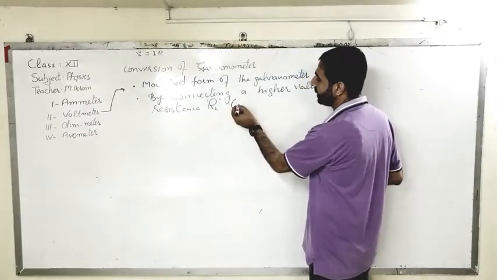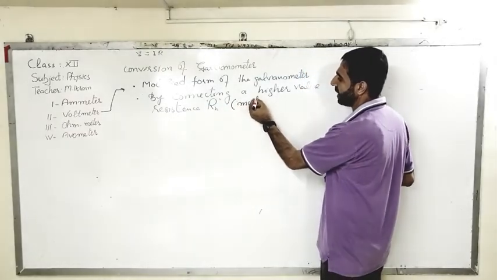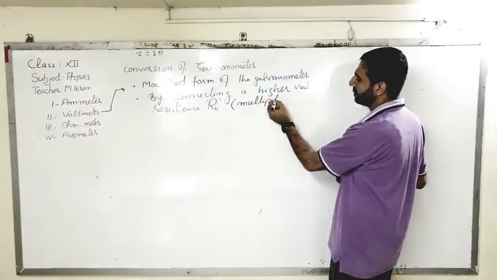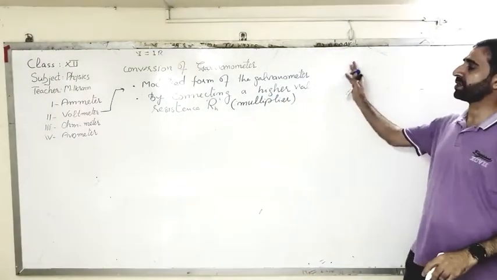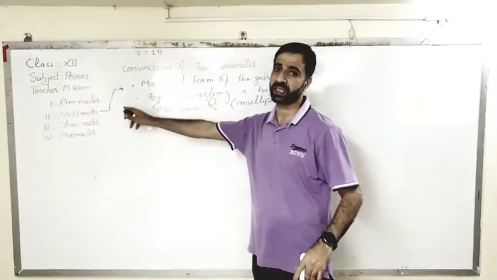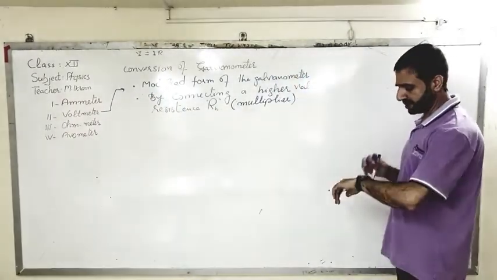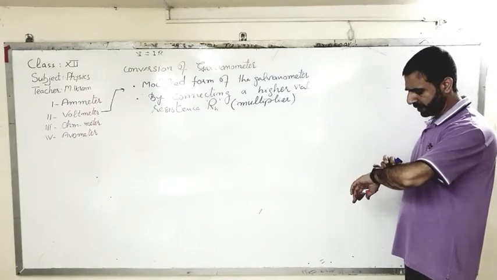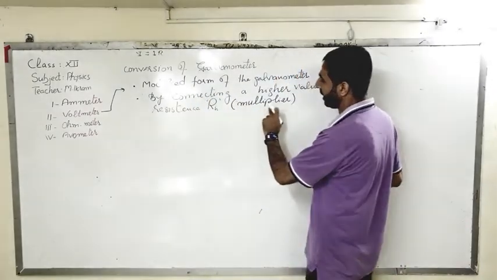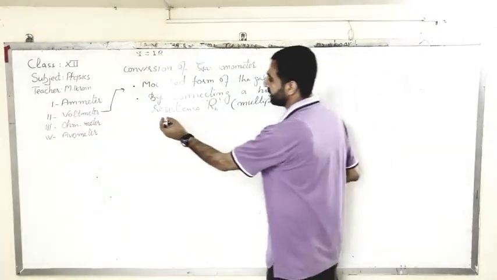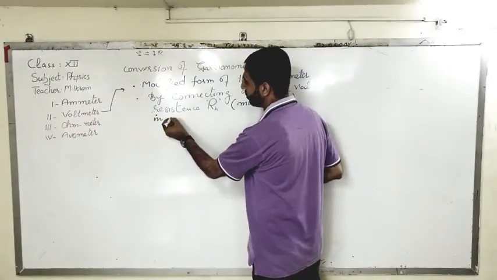This is usually called a multiplier. Just like in the previous case, the small value of resistance was called the shunt resistance, here a higher value resistance is called the multiplier, in series with the galvanometer.